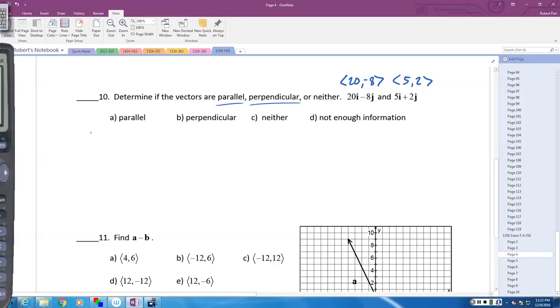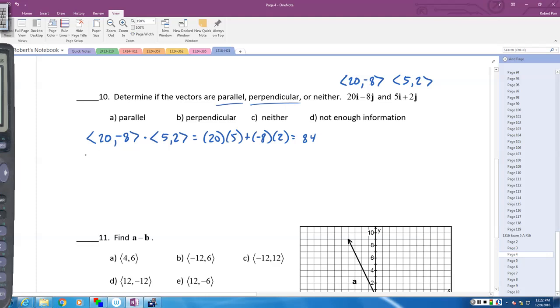You're absolutely right. So the dot product of these two vectors will be 20 times 5 plus negative 8 times 2, which is 100 minus 16, which is 84. Okay, so it's not perpendicular. That much we know.